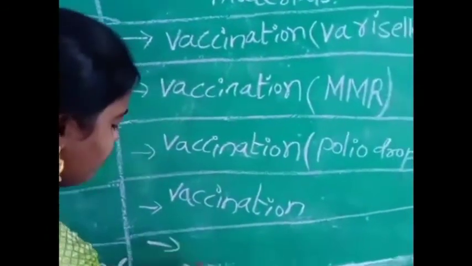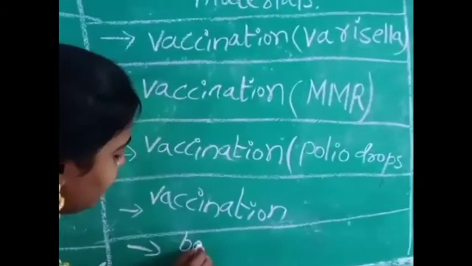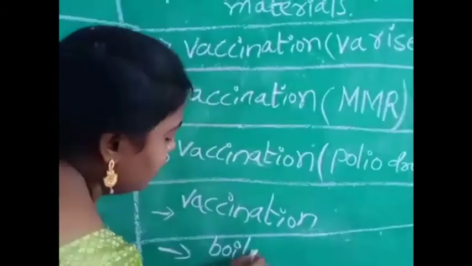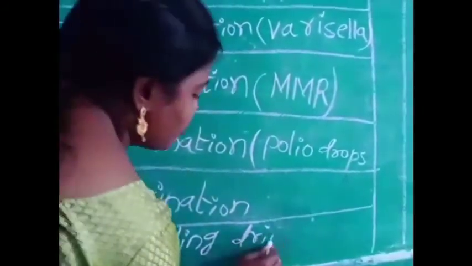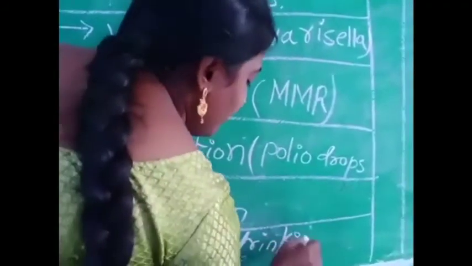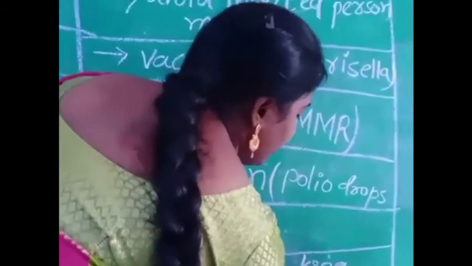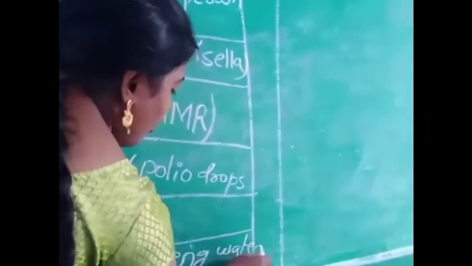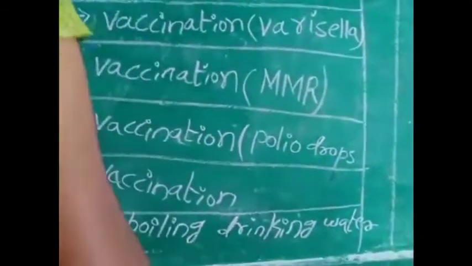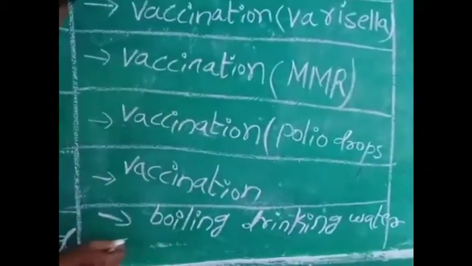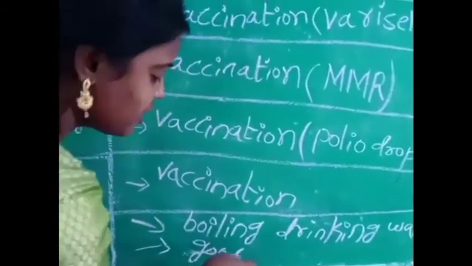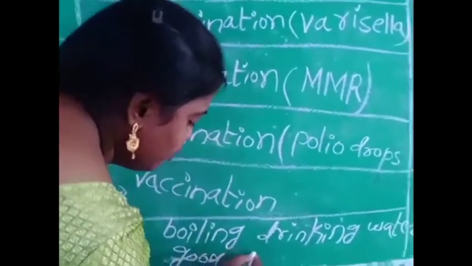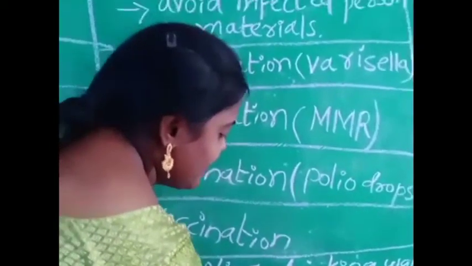If we consume boiled drinking water, we can avoid this disease. Children, you must drink boiled water. And we should follow good sanitization. Keep your surroundings clean.